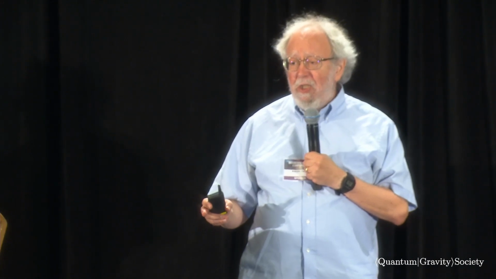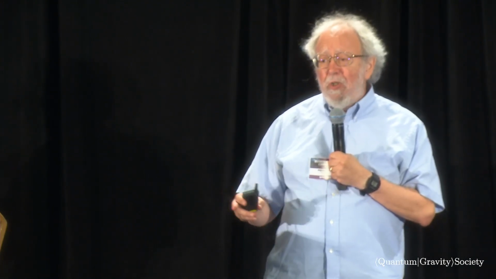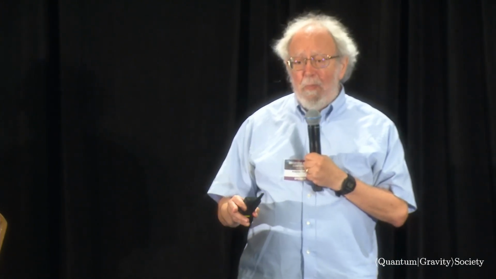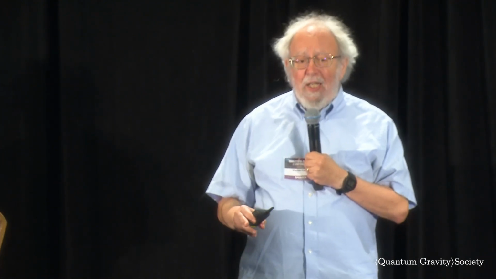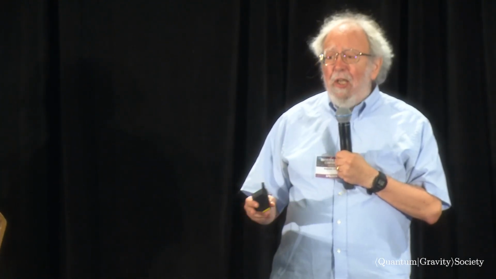In one direction, if you start out with a space-time you can ask, can we build a causal set that approximates this, and then use properties of the causal set to reconstruct properties of the space-time. In the other direction, if we start out with a causal set, can we find a space-time that it approximates?